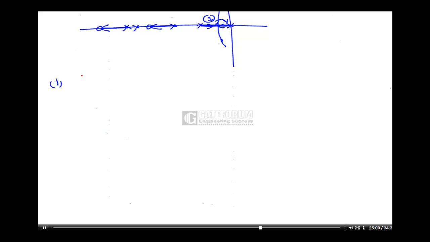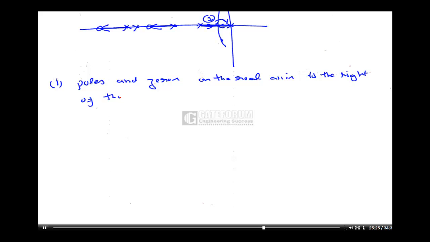The first among them: poles and zeros on the real axis to the right of this point, meaning the region where I want to find the root locus, contribute an angle of 180 degrees each.